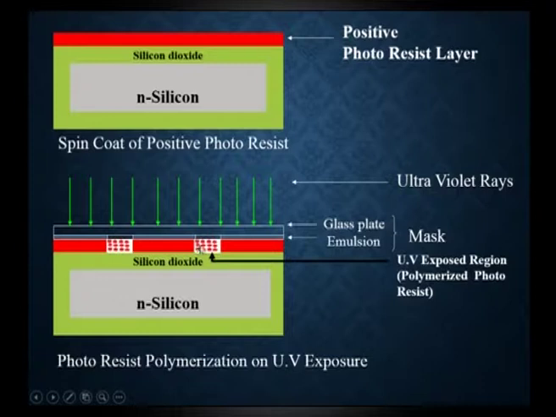This is the place where the UV exposed region, that is, the polymerized photoresist, can be observed. Due to the unmasked glass plate, ultraviolet rays enter through it, so this layer is called the UV exposed region. The photoresist polymerization on UV exposure is formed.